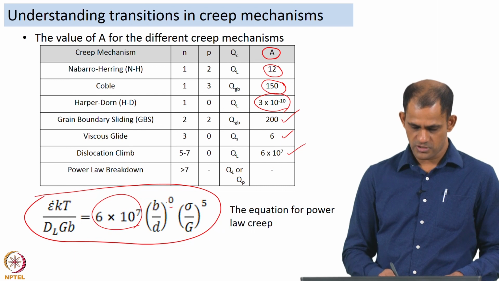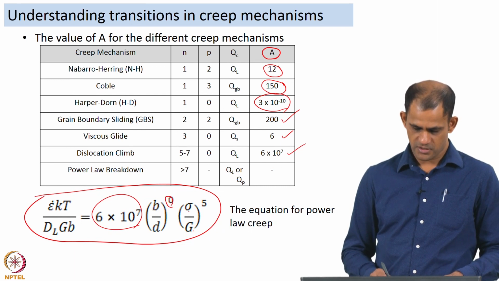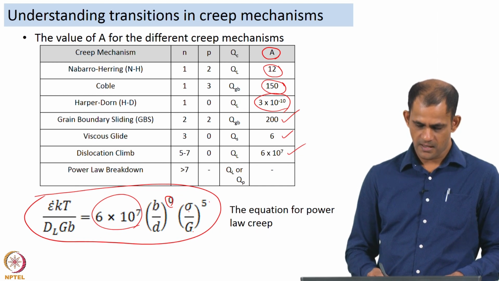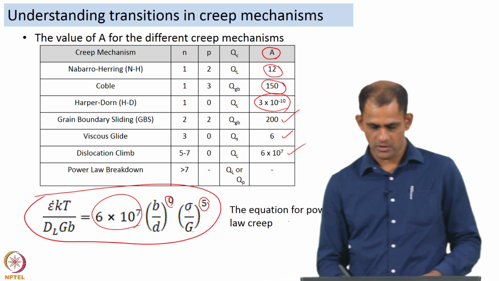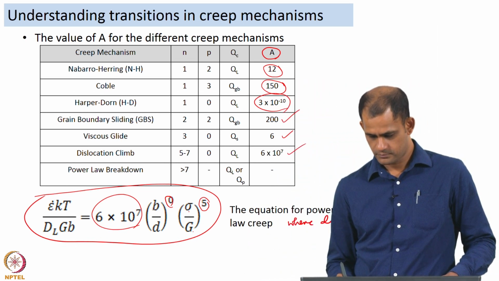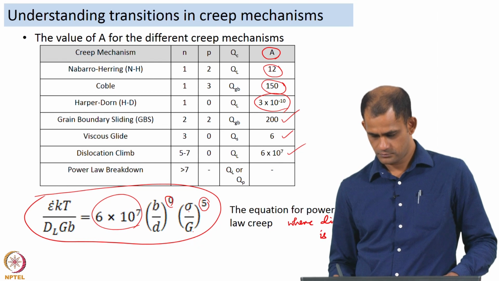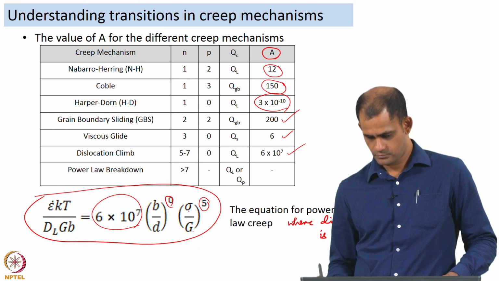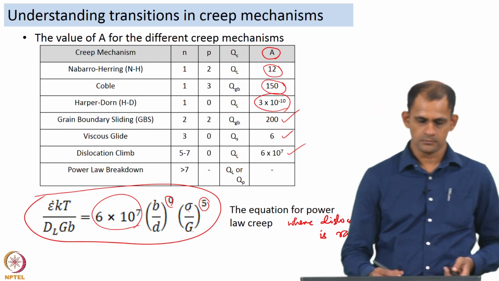So, p is equal to 0, and then you have normalized stress with that of shear modulus. So, sigma by G, and then the exponent equal to 5. So, this is the equation for power law creep where dislocation climb is rate controlling.